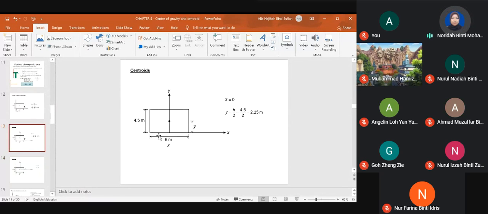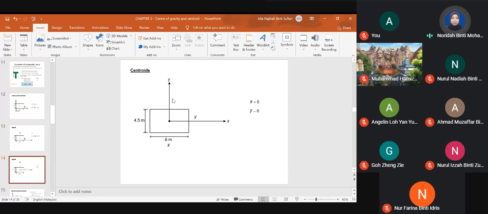Okay, now we change the y-axis from here to the middle here. So we know that x bar must be 0. So x bar is 0, whereas the y bar is still 2.25 meters.